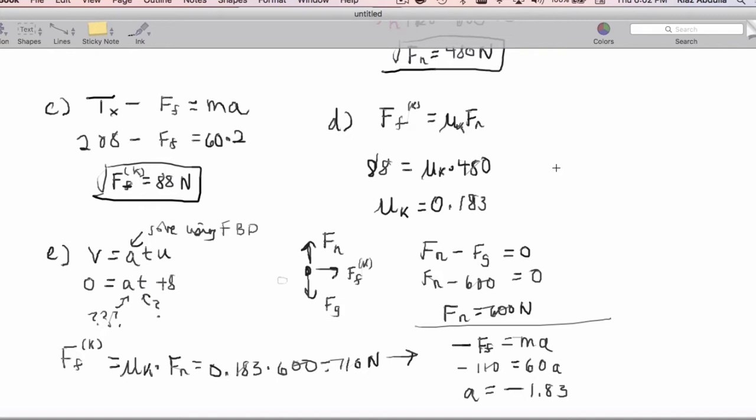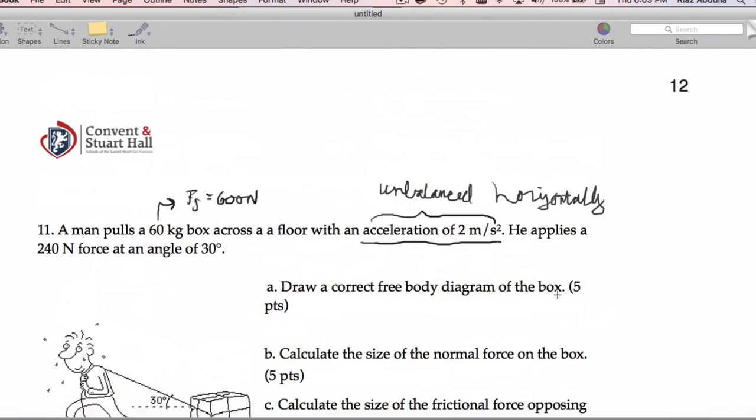Continuing, now I can solve SUVAT doing V equals AT plus U. So that's 0 equals negative 1.83 times T plus 8. And T ends up being 4.4 seconds. All right, so that is problem number 11.